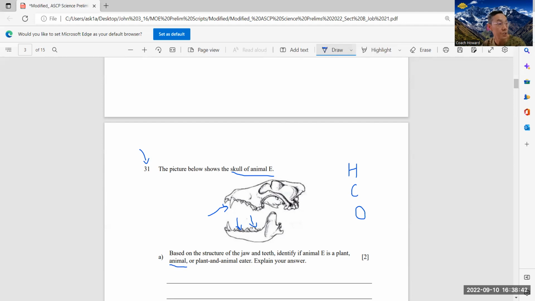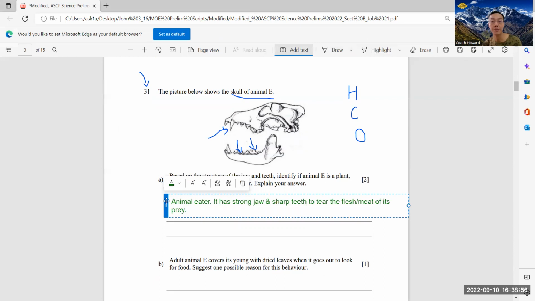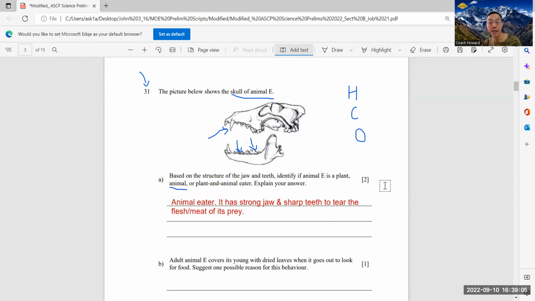So you say that it has strong jaws and sharp teeth to tear the flesh or meat of its prey. Okay, so do take note of this. I'll put the answer here. So you say that this is an animal eater. It has strong jaw and sharp teeth to tear the flesh of its prey.